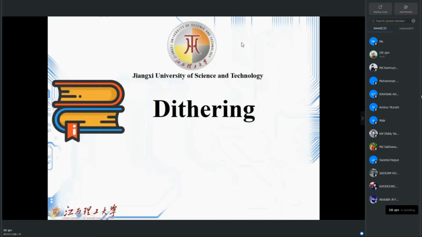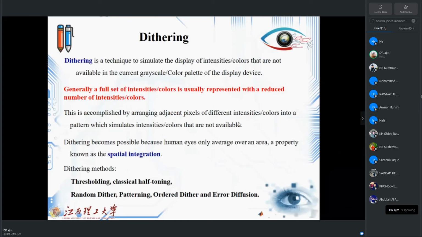One more concept that I want to talk about as the last part of today's lecture is dithering. Let us see what this concept means. Dithering is the technique to simulate the display of colors that are not available in the current grayscale or current palette of the display device.